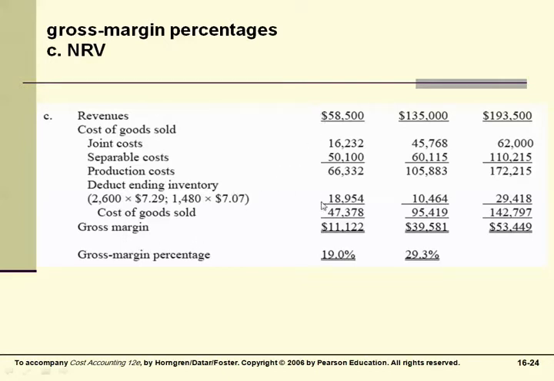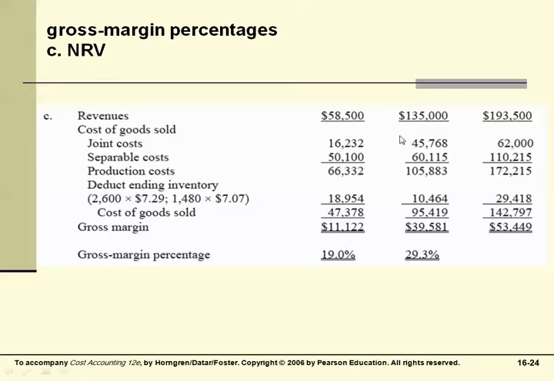To reach gross margin, we deduct cost of goods sold from revenues, 58,500 minus 47,378, so gross margin will equal 11,122. Gross margin percentage equals gross margin divided by total revenues, which equals 19%.